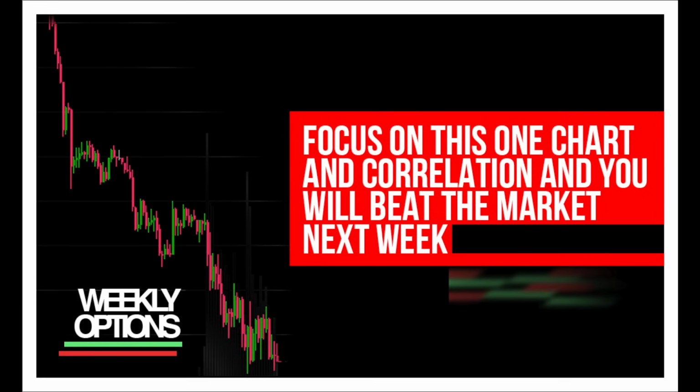What I'm here to tell you, as a result of what I just described, is that this correlation is not typical: the dollar dropping when the market is selling off, bonds dropping when the market is selling off. We're not looking at a normal type of market right now.